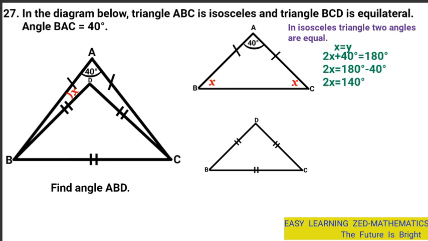Now here, we want to find the value of x. That means we need to get rid of the 2 on 2x. So we're going to divide both sides by 2. 2x divided by 2 gives us x, as the 2 on top cancels the 2 below, leaving us with x.